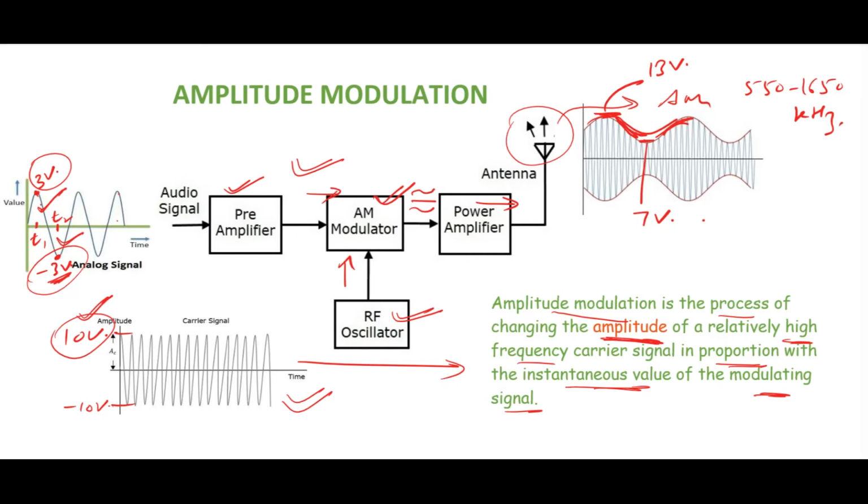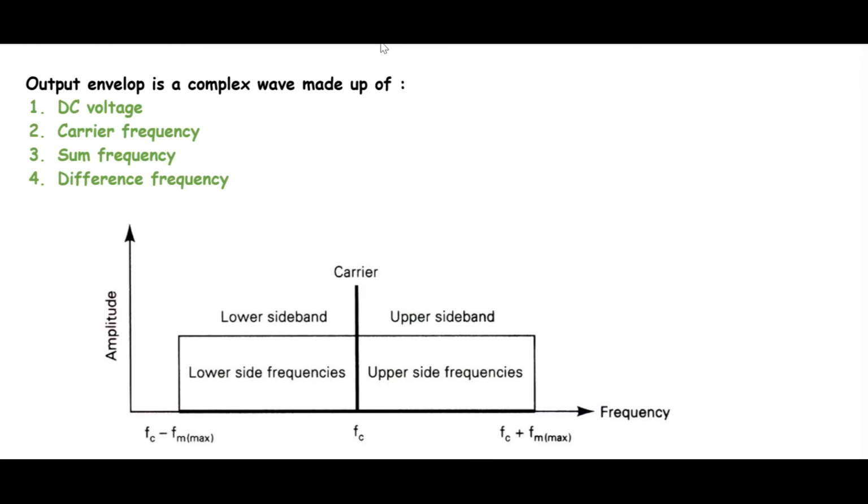This mixing of two waveforms, or modulating these two waveforms, can result in different waveforms and their harmonics. Mainly we have the DC voltage, then we can have the carrier at the output. Then the sum of frequencies, we call it Fc plus Fm, where Fc is the frequency of the carrier and Fm is the frequency of the message signal.